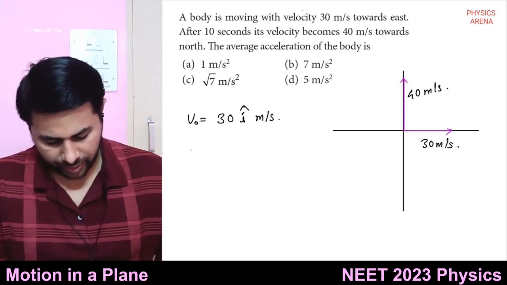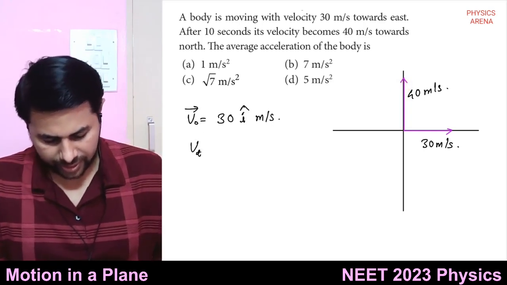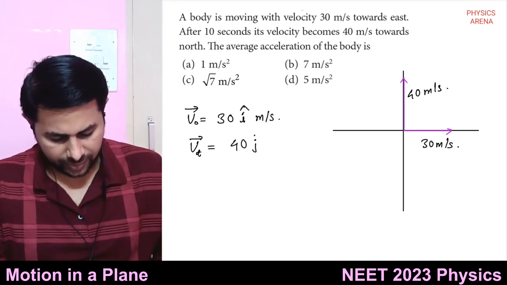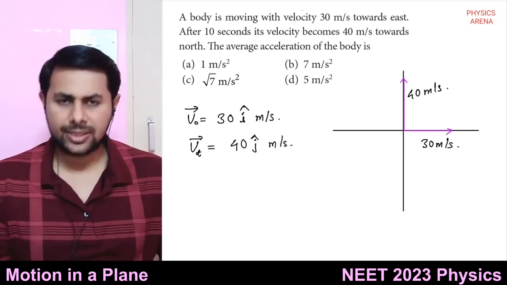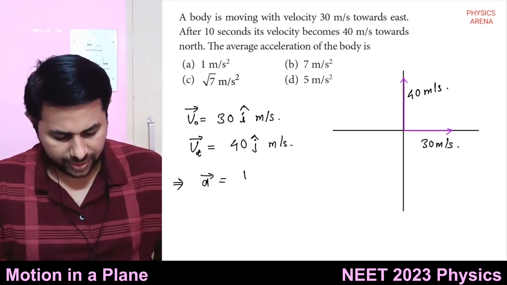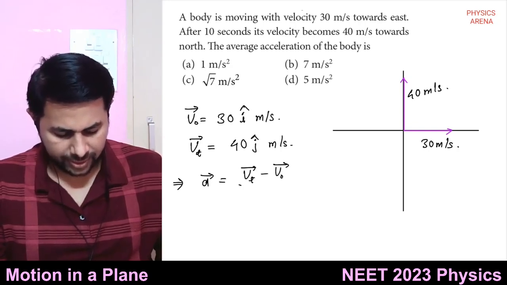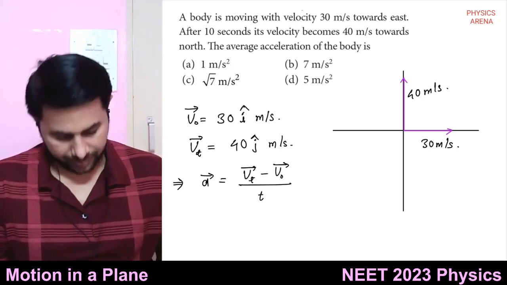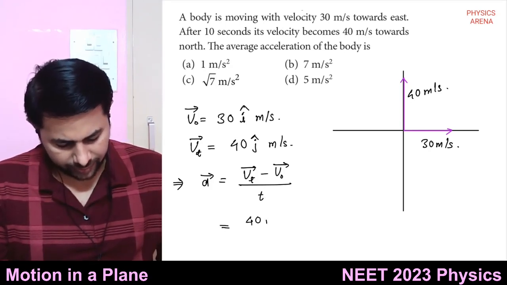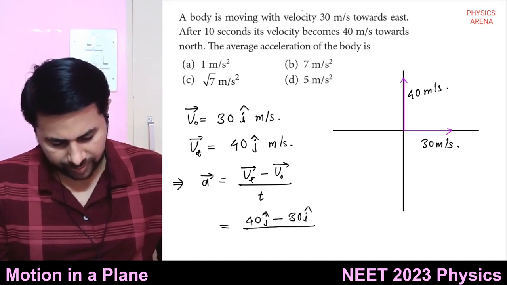So the velocity at some time t will be a vector, 40 j cap meters per second. So what will be the acceleration? Acceleration is the velocity at time t minus the velocity at the beginning, divided by time. So that is 40 j cap minus 30 i cap, divided by how much is the time?